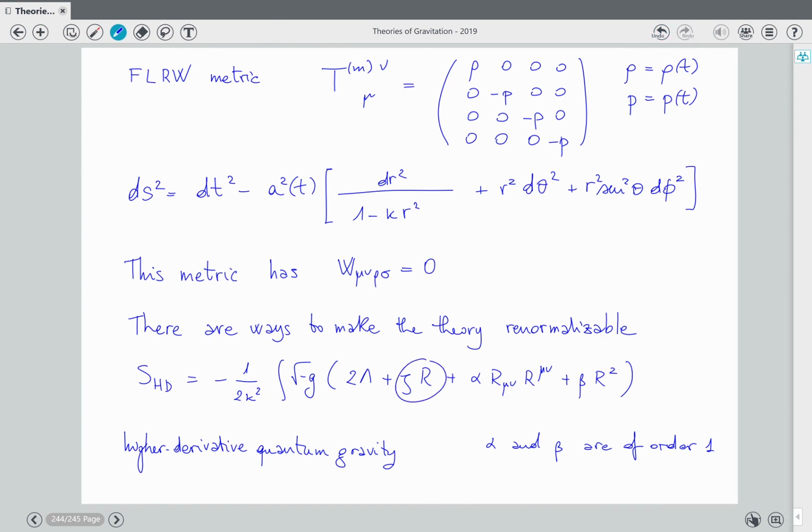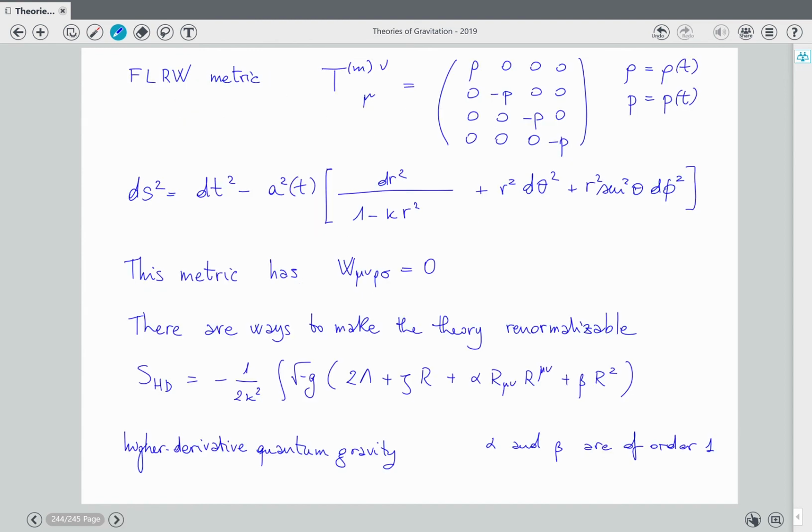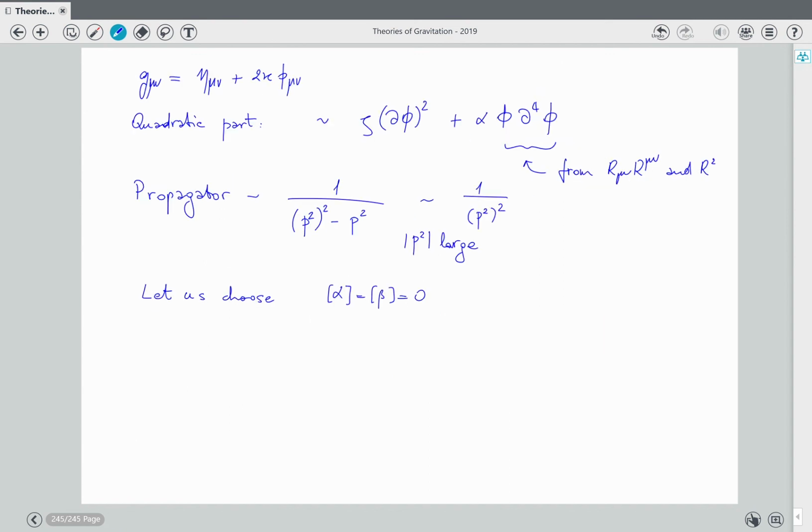And so this term, which has partial phi, is multiplied only by zeta. And these two terms, which have 4 partial derivatives, can be multiplied by alpha or beta. Okay. And then there is a cosmological constant, we don't care.